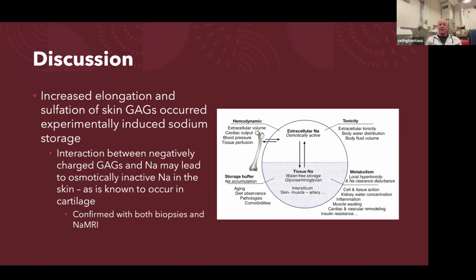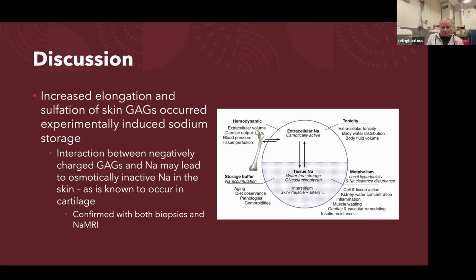They've documented increased elongation and sulfation of skin glycosaminoglycans that occurred in experimentally induced sodium storage. The thought was that the interaction between negatively charged glycosaminoglycans and sodium may lead to this osmotically inactive sodium storage in the skin, as it's known to in cartilages.